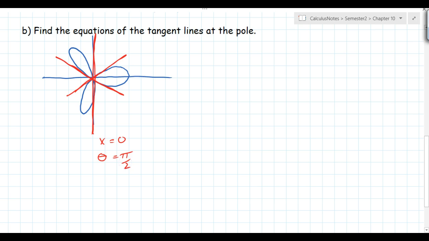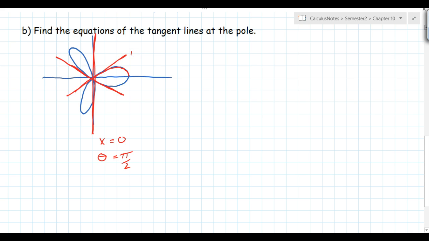So theta equals pi over 2. Okay? It's really easy to write the equation of a line in polar as long as it goes through the pole, because the equation of the line is just the angle of that line as it goes through the pole. So we already decided that as we were tracing along here, this curve will come back to the pole the first time at pi over 6. So that is the same as the tangent line.